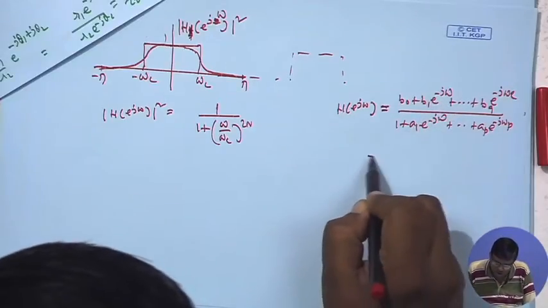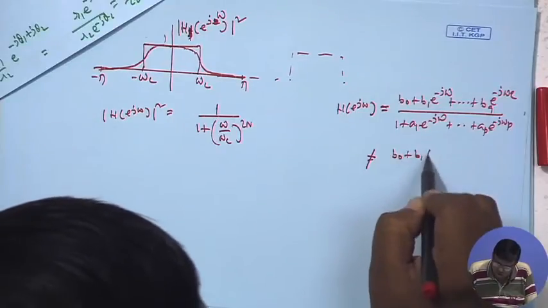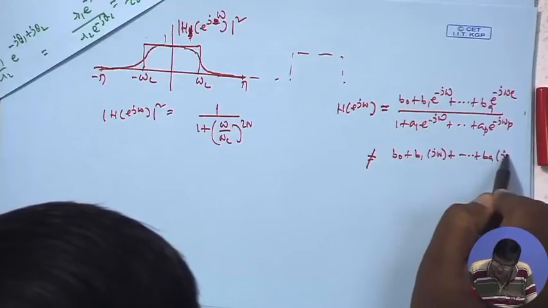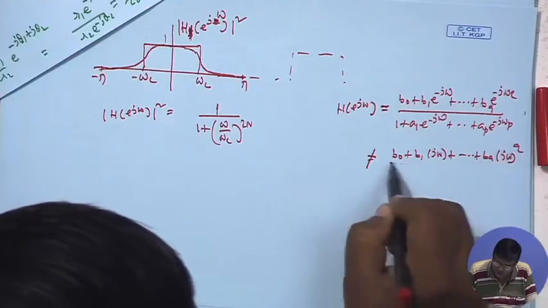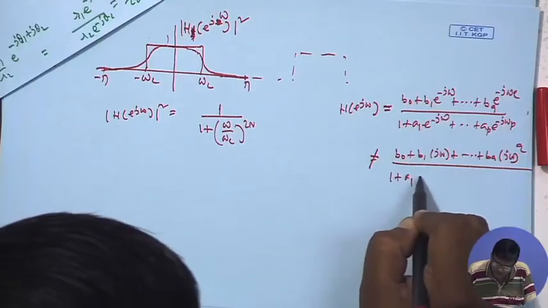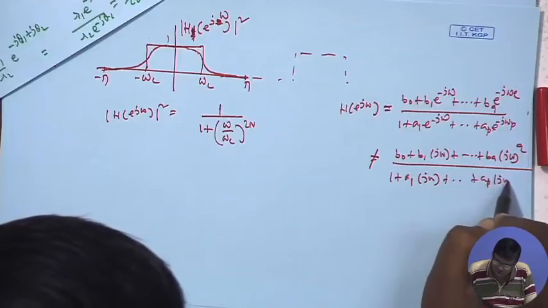That is, this is not equal to b0 plus b1 j small omega plus dot dot dot plus bq j small omega whole to the power q. This is what I would have loved to have.